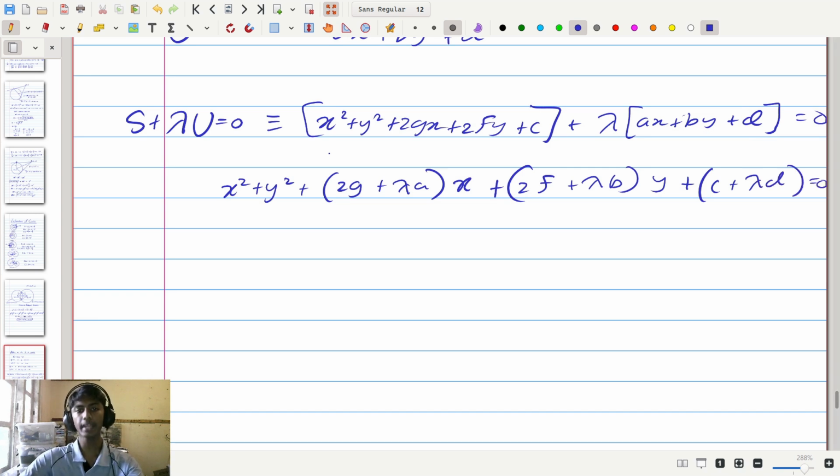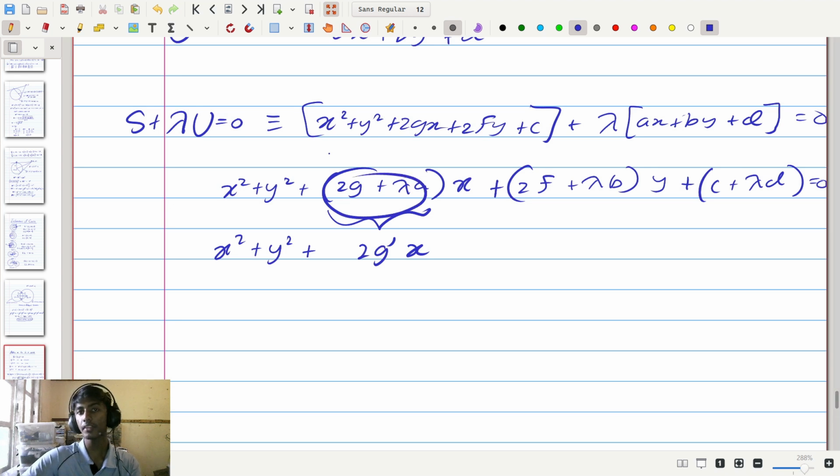Now, we can see a pattern here. Once again, we have an x squared term, a y squared term, an x term, a y term, and a constant term. If we do some symbol rearranging, let's suppose that we keep this x squared as it is, this y squared as it is, but then we replace this term with 2 times g prime x, where 2g prime is equal to 2g plus lambda a.